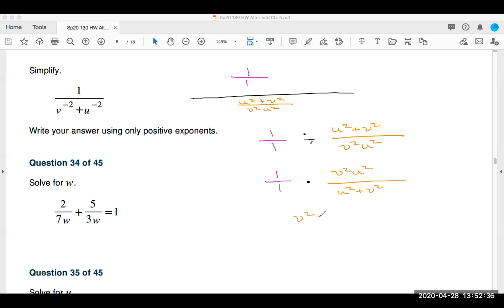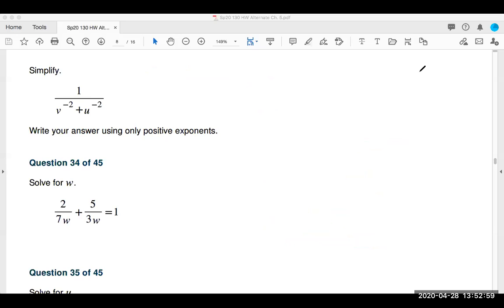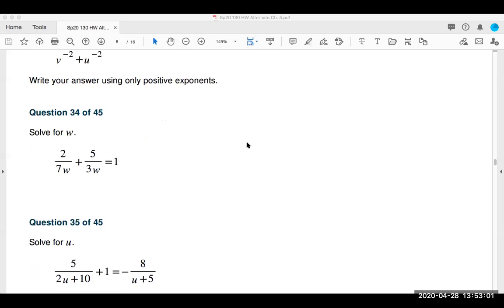That gives you v squared u squared divided by u squared plus v squared. Okay, let me save that, clear it out. Number 34 is next.